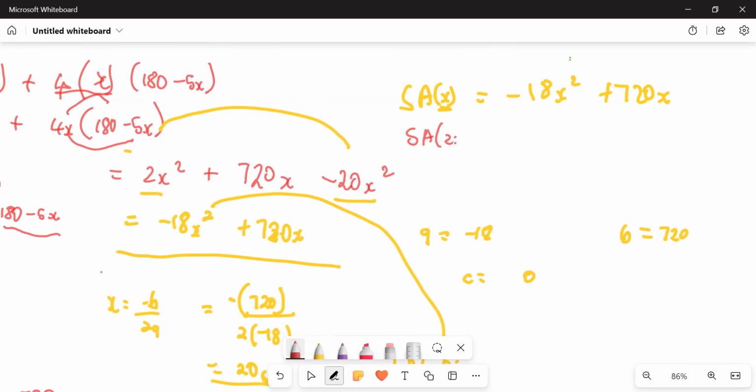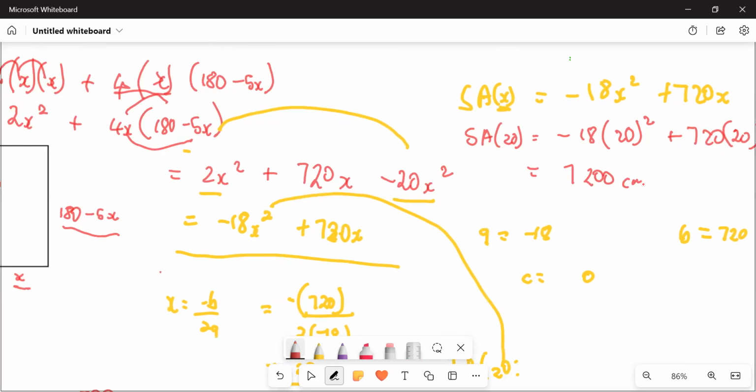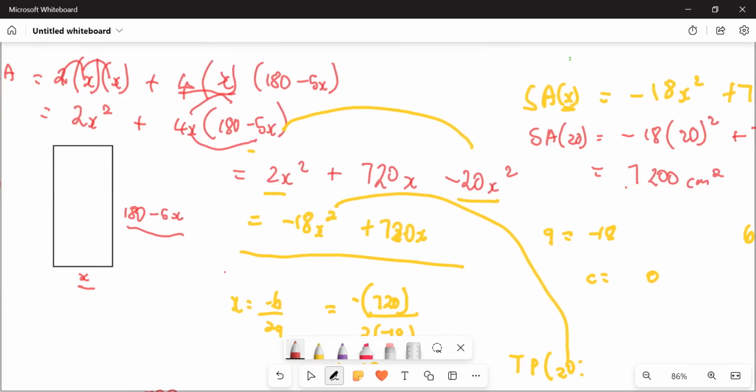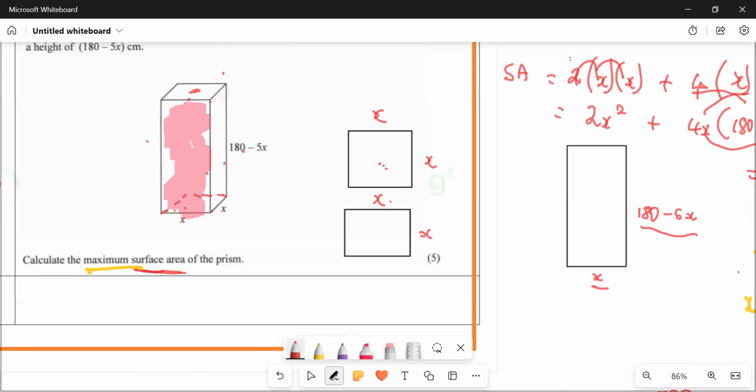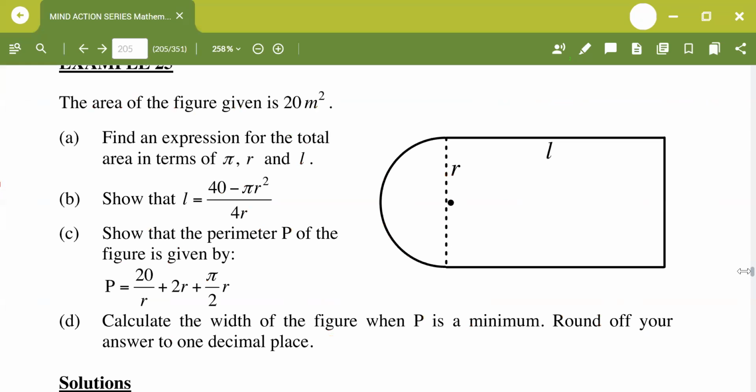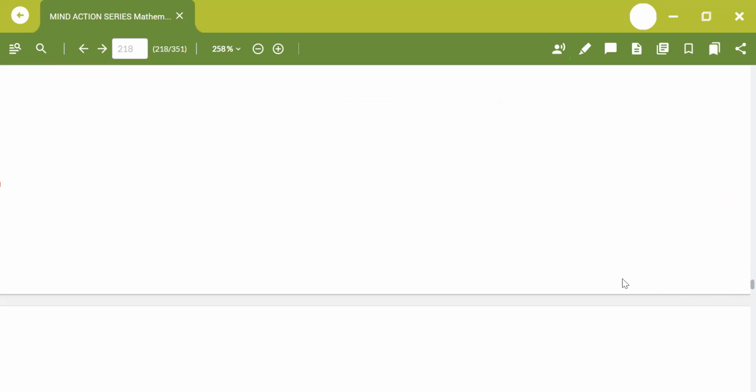We're going to say the surface area is equal to minus 18 times 20 squared plus 720 times 20. And then if you type this in your calculator, you should get an answer. What is your answer for this one? It's 7,200. And this is going to be centimeter squared, since it's an area. Now, I expect you to do the following as classwork.